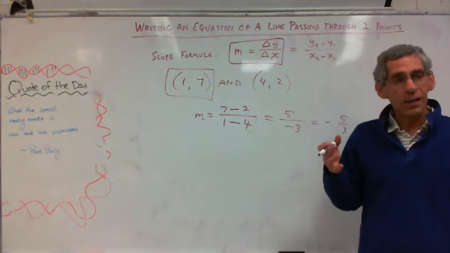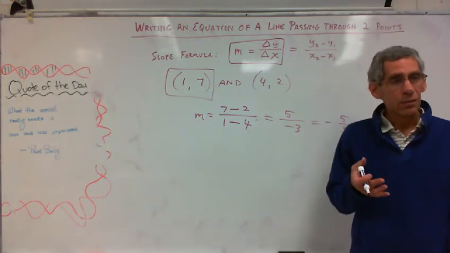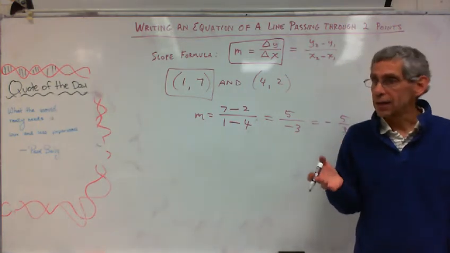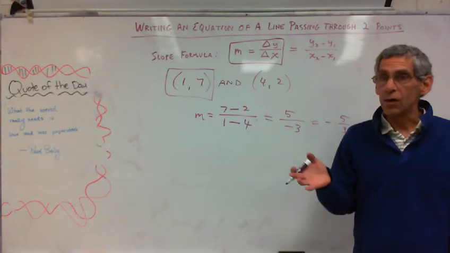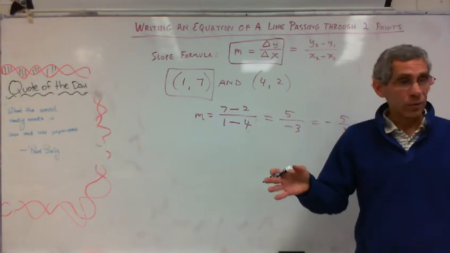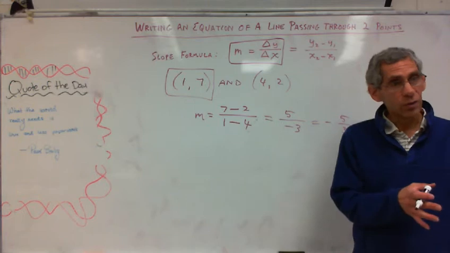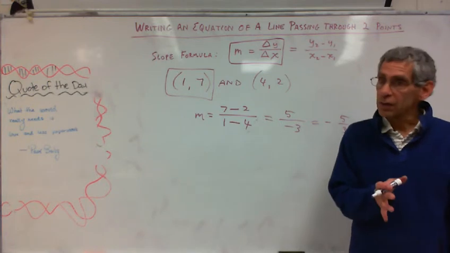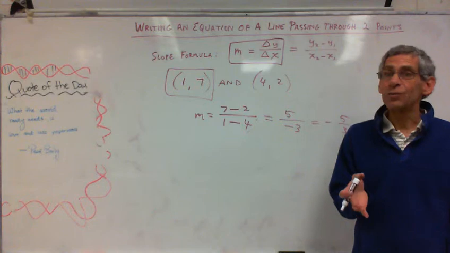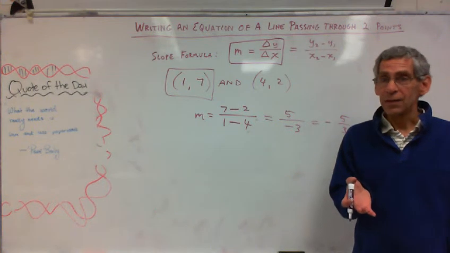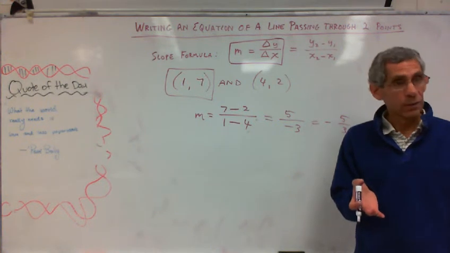Like in a year, well, after next year, you're going to take geometry. And when you take geometry, you're going to spend a whole summer not doing algebra, then a whole year doing geometry, and then a whole year not doing algebra. And then you're going to have algebra 2, and they're going to talk about the slope formula.